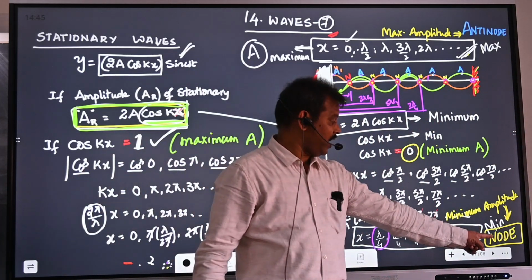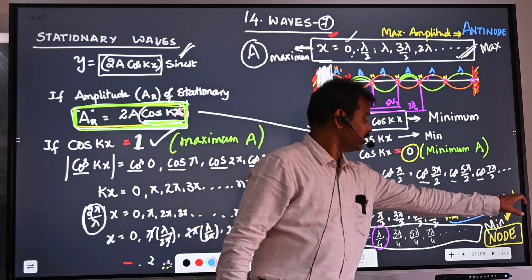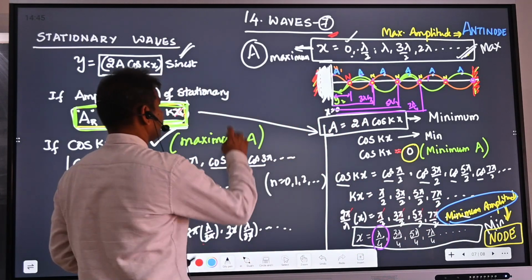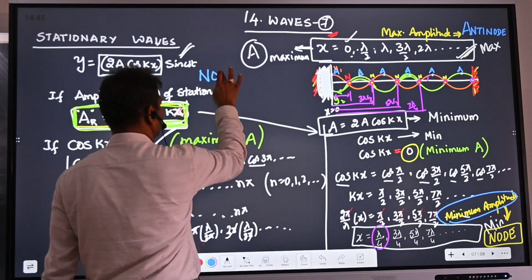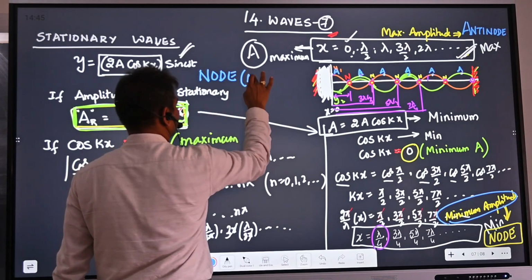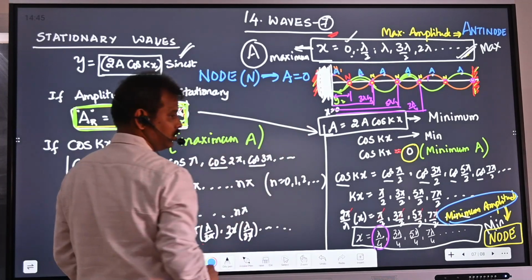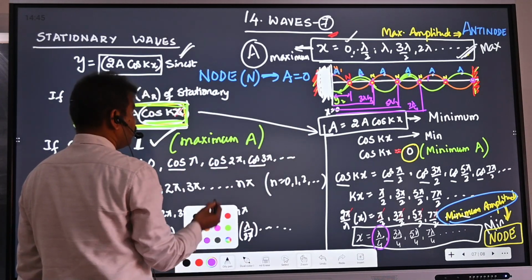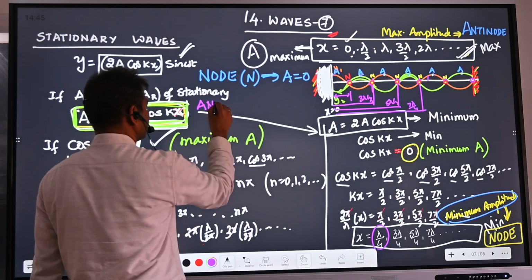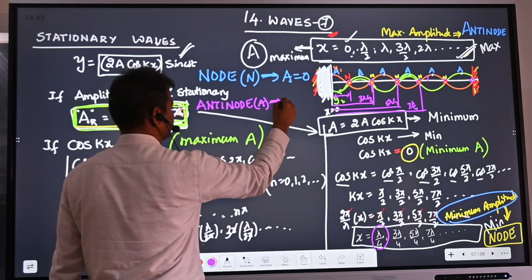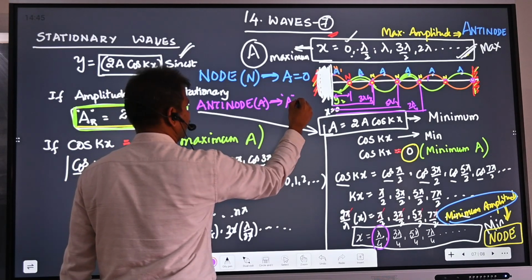The point where the amplitude is 0, directly, minimum. What is a node? Amplitude is 0. What is an antinode? Amplitude is maximum.